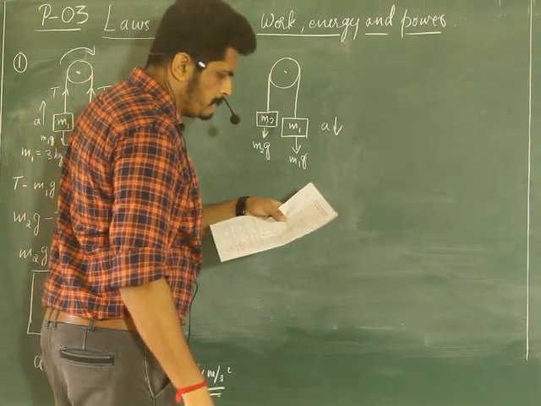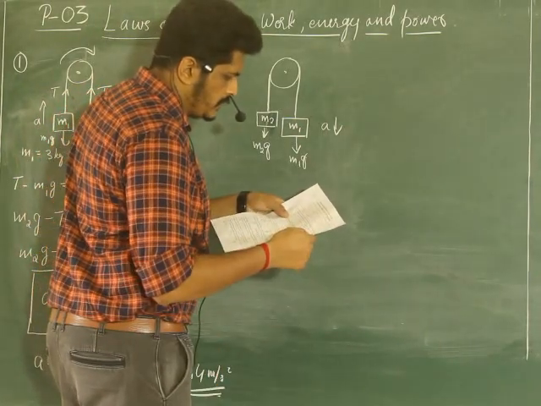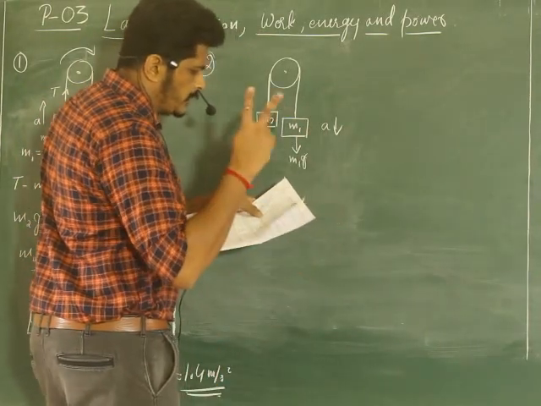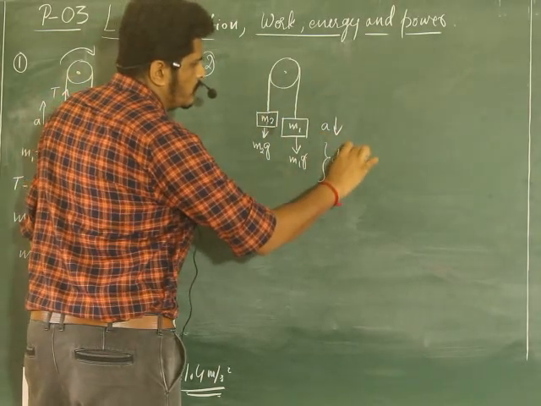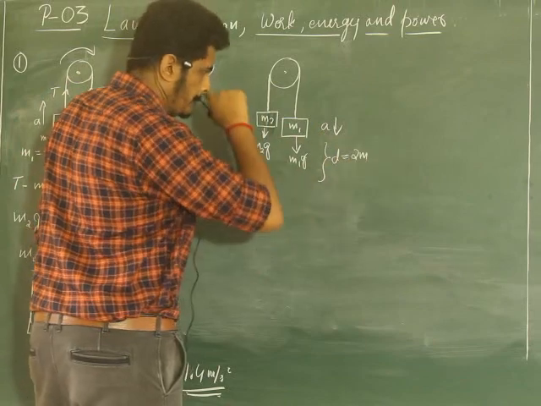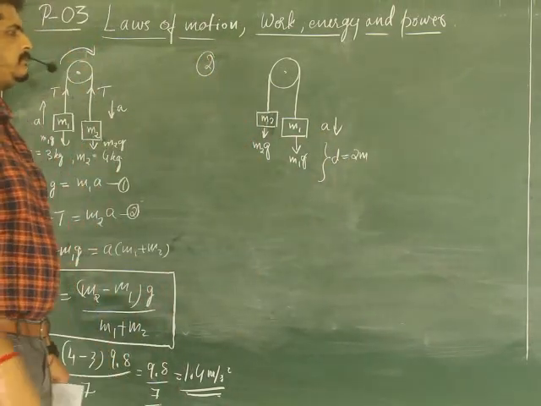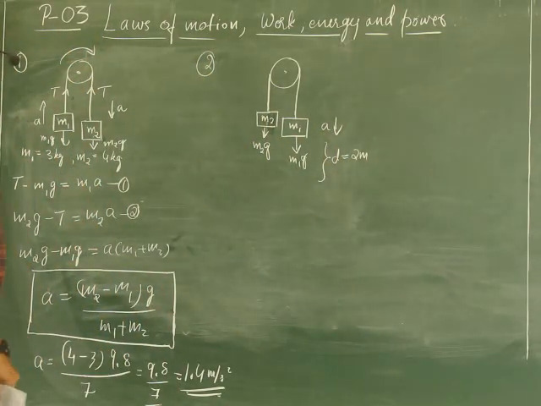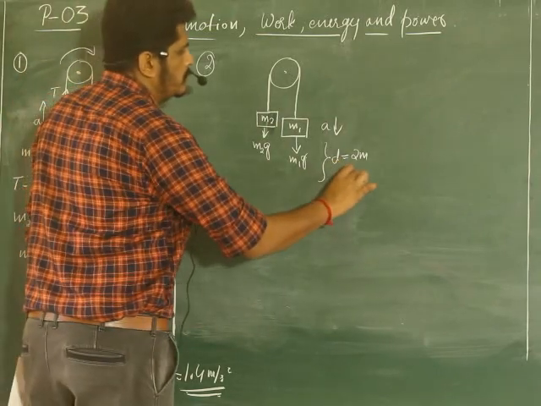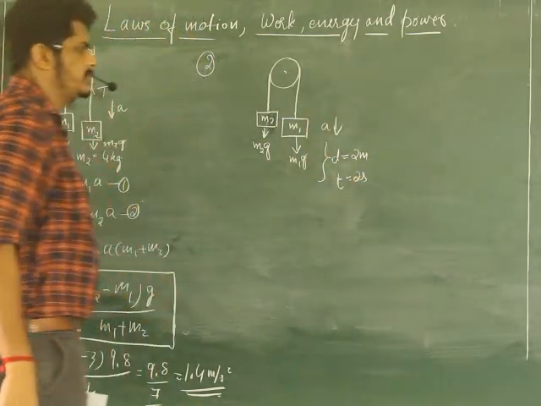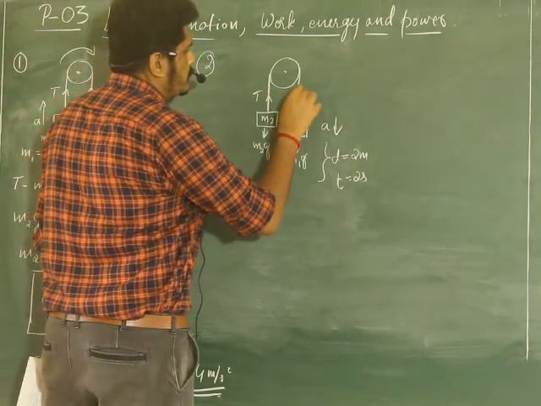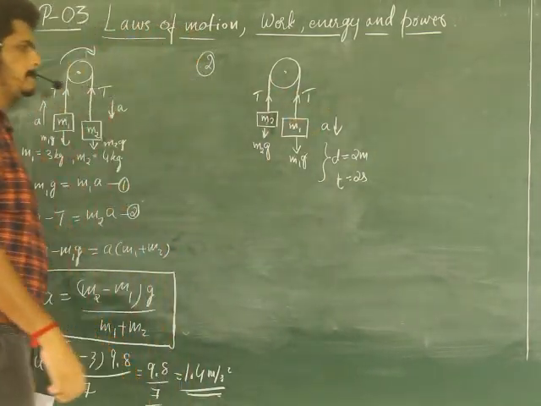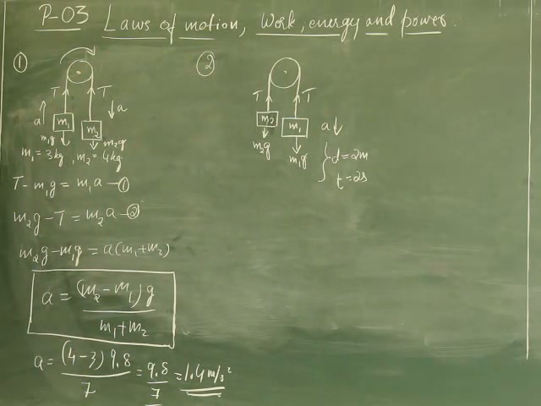And look, M1 moves downward by 2 meter in 2 seconds. It goes a distance equal to 2 meter, in time t equal to 2 seconds. So tension is developed in the string, of course you know, that is T like this. So this is how we can frame the equations.